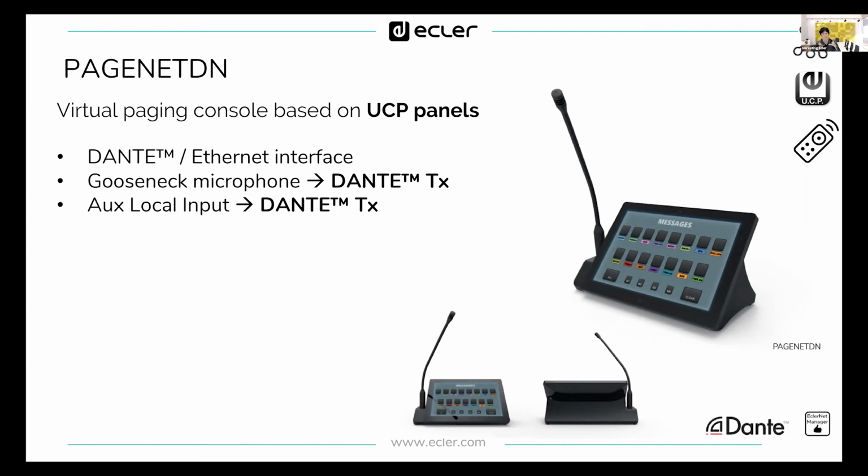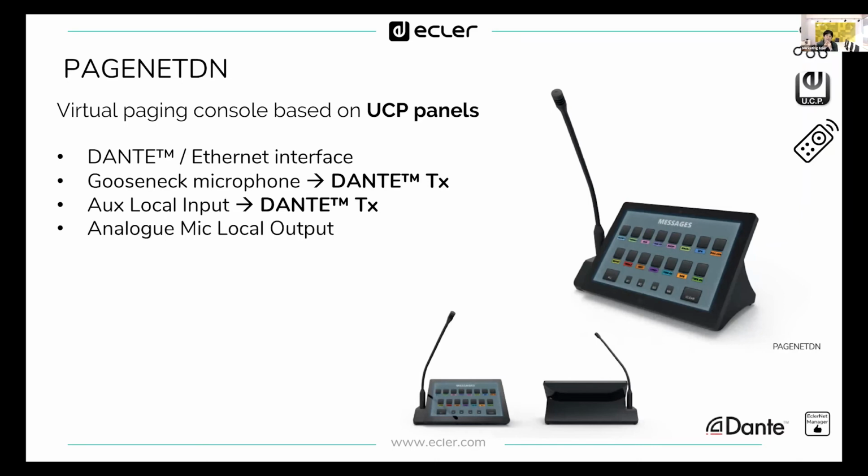You take the unit and you take the screws. In the bottom, you have a pair of RCA connectors, so you can plug there any player you want, and this will be transmitted by Dante to the network.